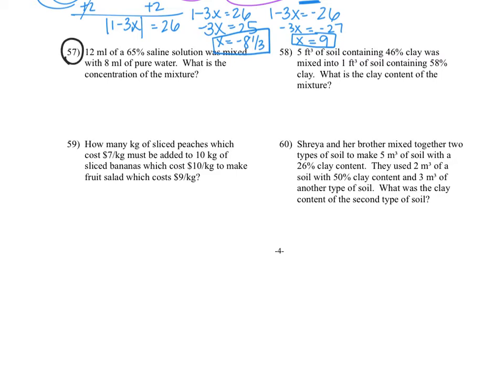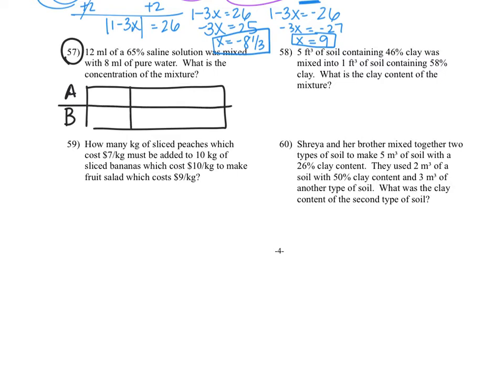So I'm going to start my chart with an A and a B, and I'm going to draw my chart and have my percent, my amount, and my percent, and my amount of solution.